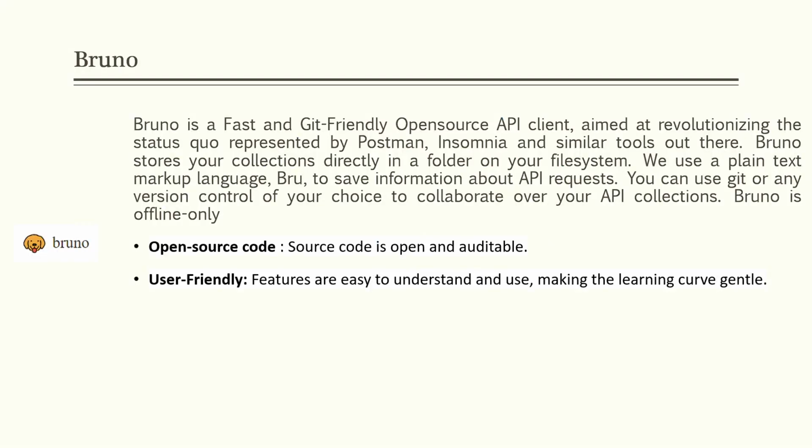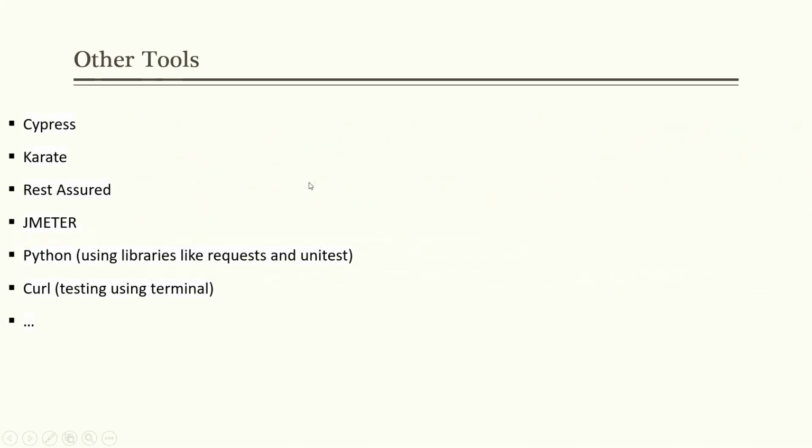Now let's go back. That's the tool that I most encountered in my experience as an API tester. There are other tools, of course, that are also fairly used, like Cypress, Karate, Rest Assured, JMeter. People who do coding also use APIs and test them, for their unit tests or whatever.